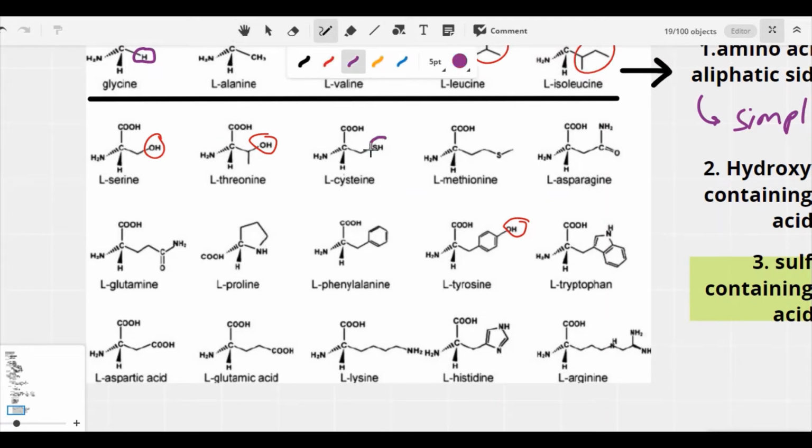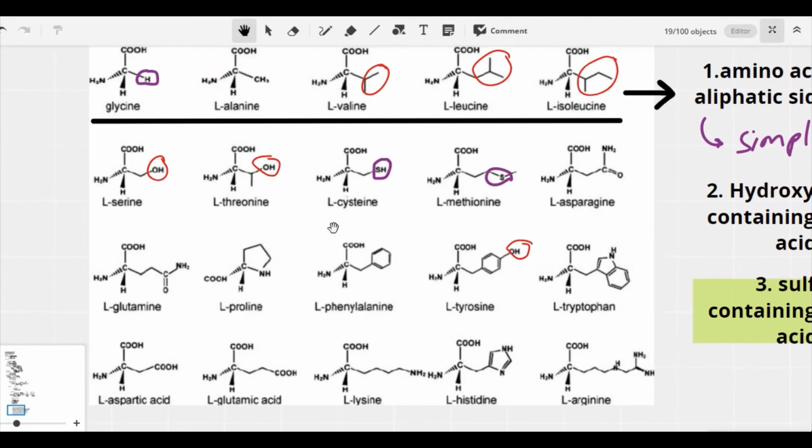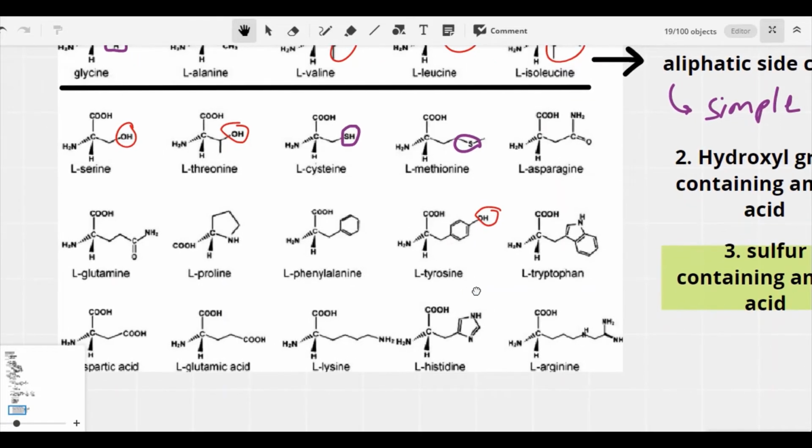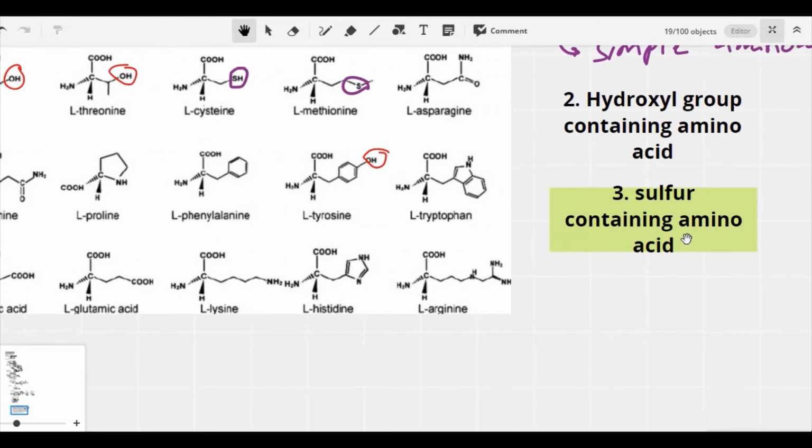I am going to circle them with a different color. Here is SH, here is S. So these two amino acids, cysteine and methionine, are placed in the category of sulfur containing amino acids.